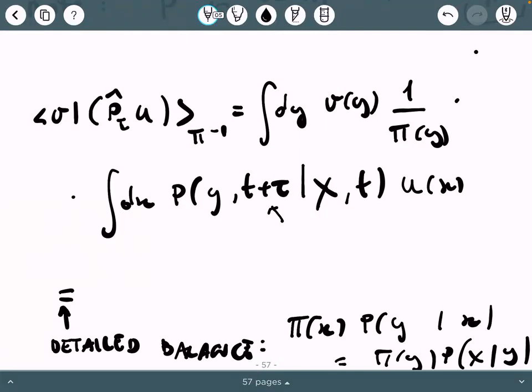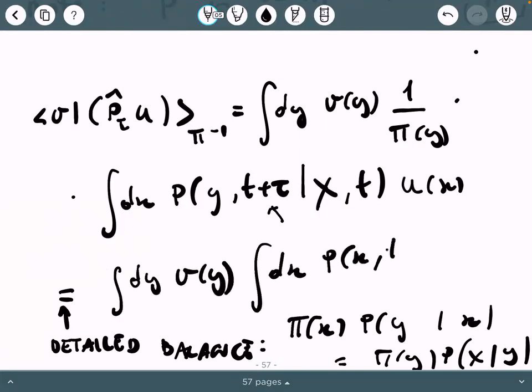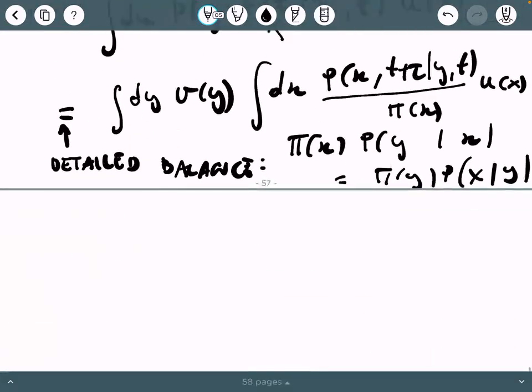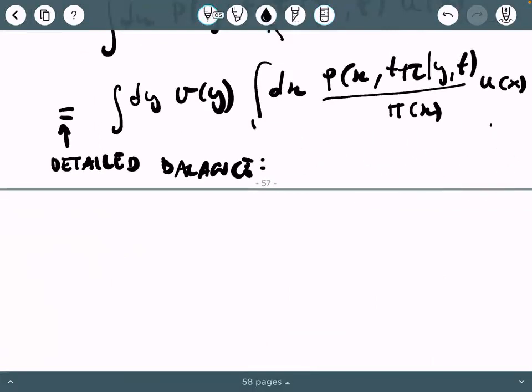And in particular, this is equal to the integral dy of v of y, integral in dx of p from x to y, u of x divided by pi of x. Which in the end turns out to be nothing but P v u in pi to the minus 1.